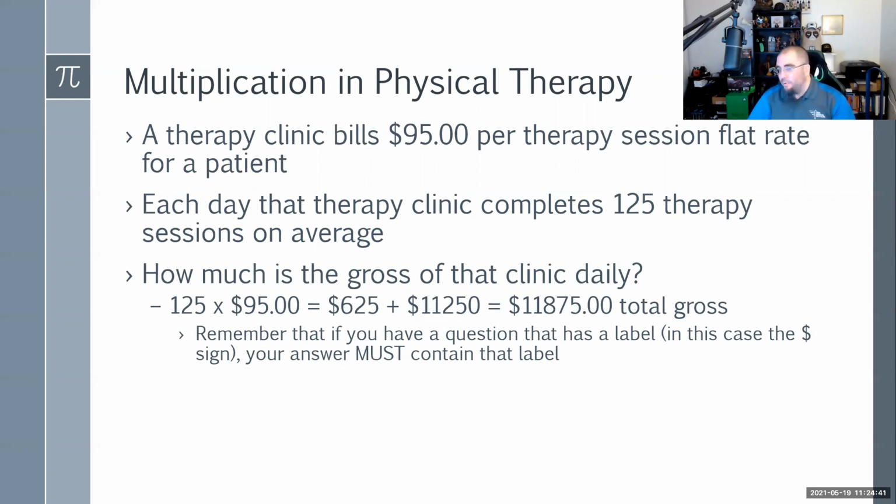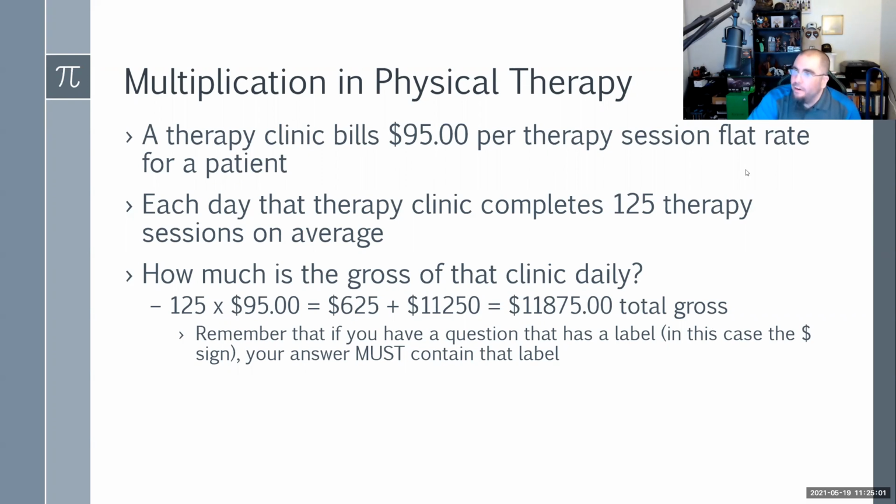One thing I want you to remember in a word problem: if there is a question that has a label on it, dollars, Celsius, Fahrenheit, Kelvin, time, AM, PM, make sure that your answer has the label as well.